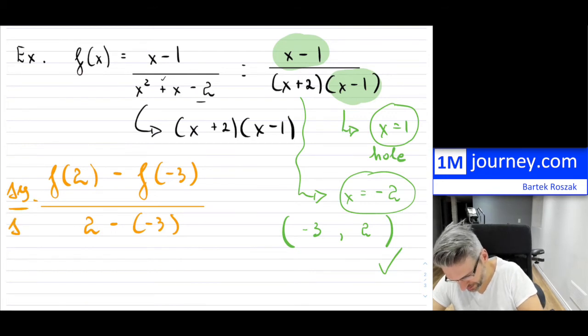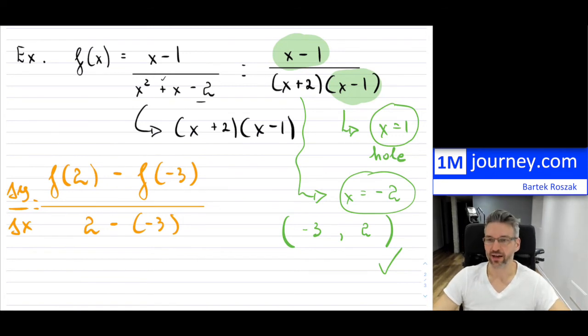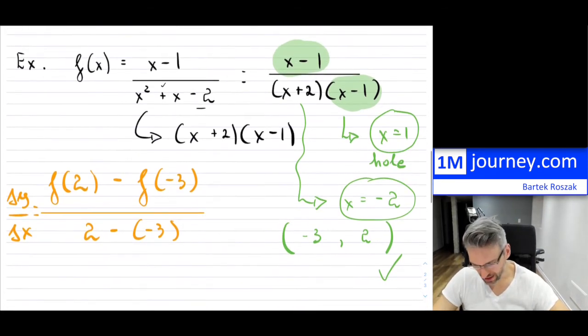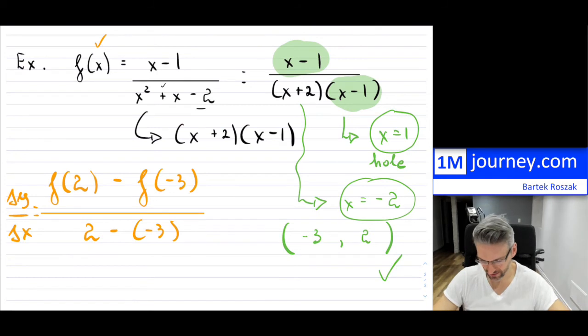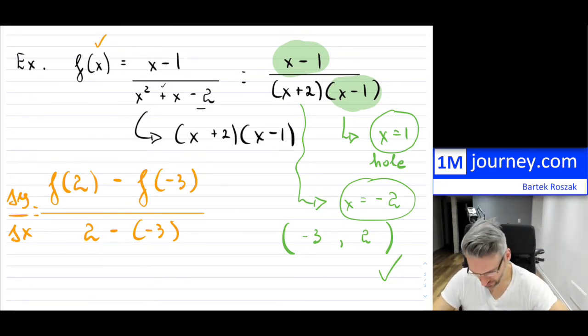That would be the secant line between those, and just because it's a rational function, no big deal. So I'm going to substitute these back in, the f at 2 and then f at negative 3, and find out what those are so that I can find exactly the average rate of change, or the secant, between those two particular points. I'll do that in fast forward fashion.